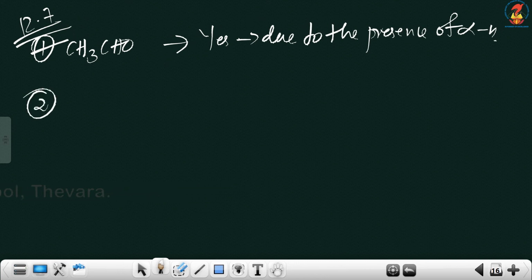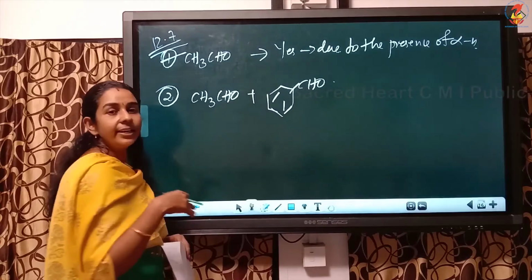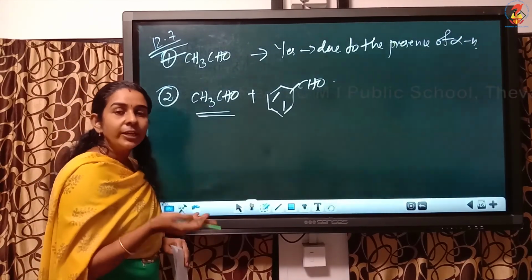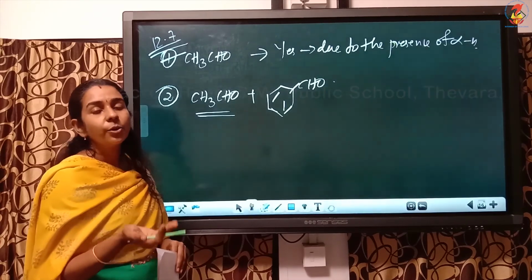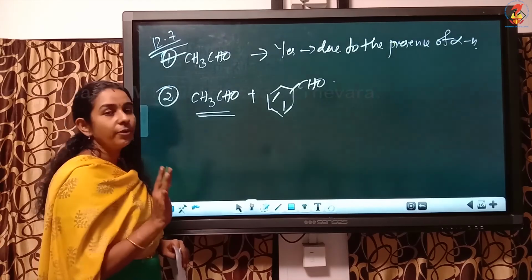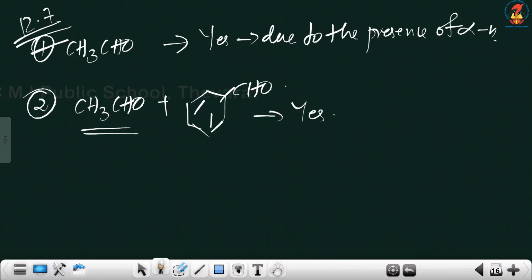The second one is between CH3CHO and benzaldehyde. Is there any aldol condensation? Yes. Here in benzaldehyde there is no alpha hydrogen, but in acetaldehyde we have. The condition required for aldol condensation is that at least one molecule should possess alpha hydrogen. So yes, and write the equation.